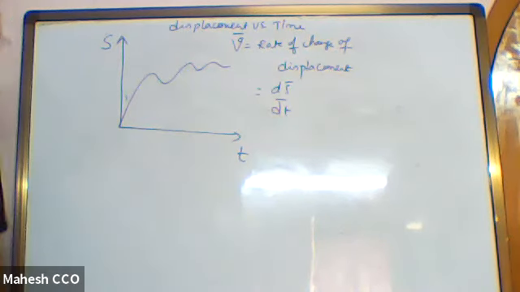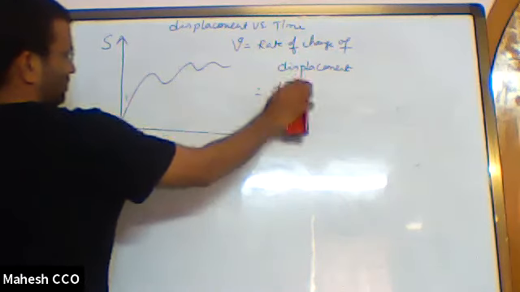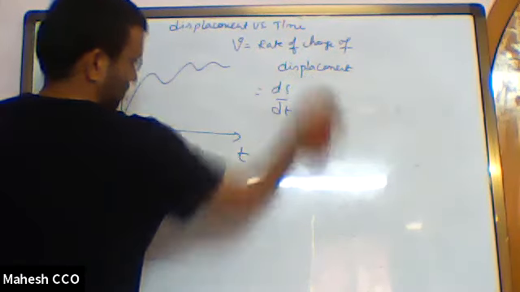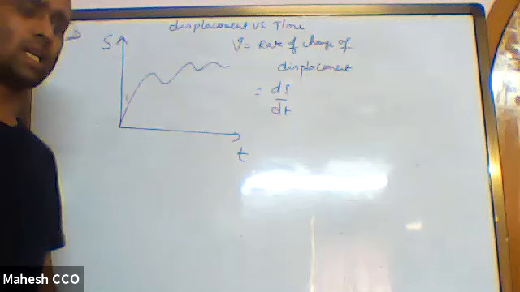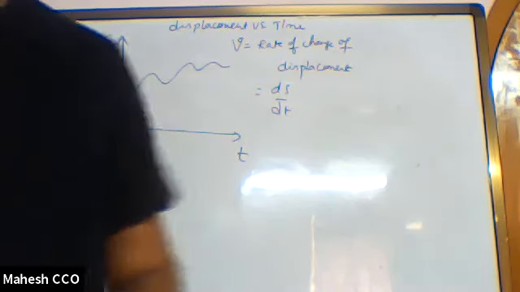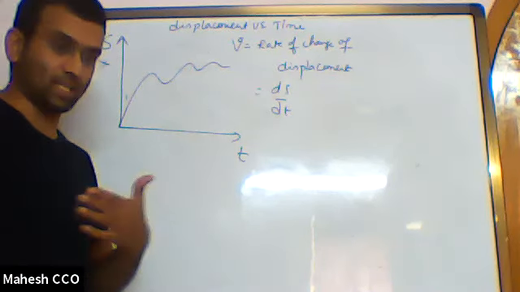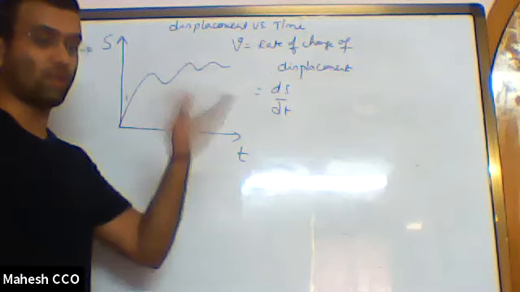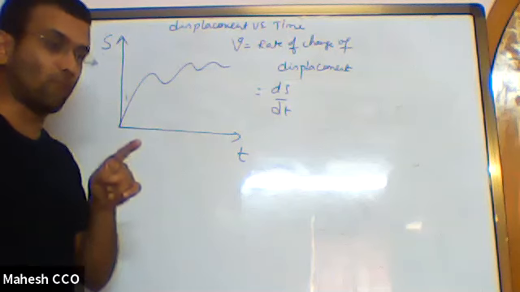Since they are one-dimensional vectors, these bars can be disregarded. Our s will be like a scalar but with sign convention. Now, this ds by dt on the graph, what is the meaning of that? I already told you in the chapter of basic mathematics that ds by dt, like dy by dx, is the slope of the graph y versus x. Here the graph is s versus t. You have to be careful.